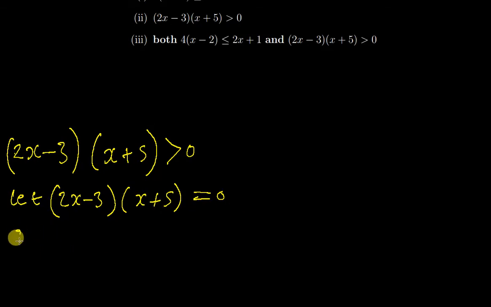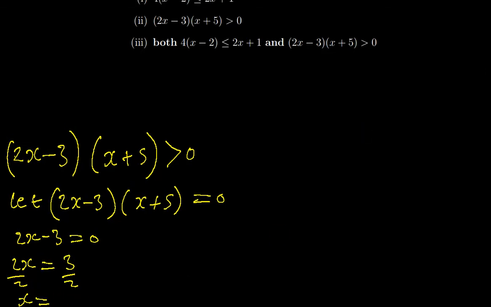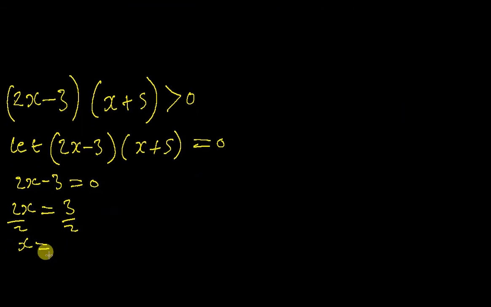So when we equate 2x minus 3 to 0, you get 2x equals positive 3 when this crosses the equal sign. Then when you divide by 2, the value of x is equal to 3 over 2.